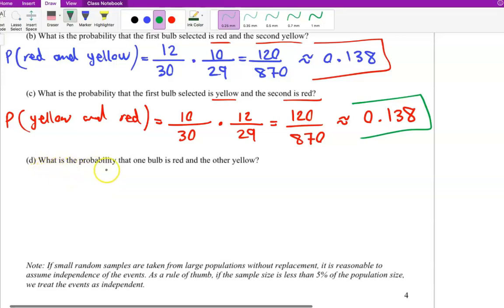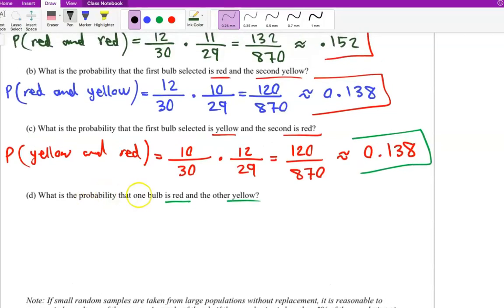Now part D, what is the probability that one bulb is red and the other one is yellow? So in between we have red and the other one yellow.